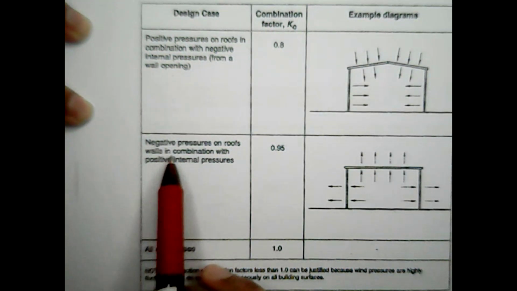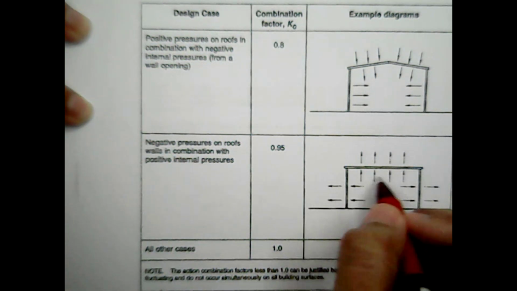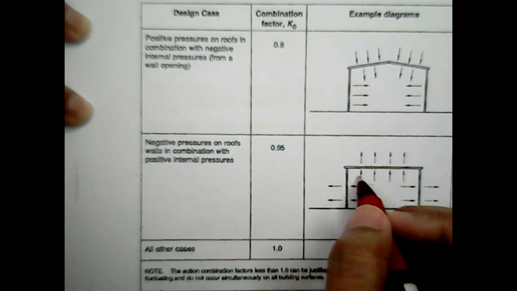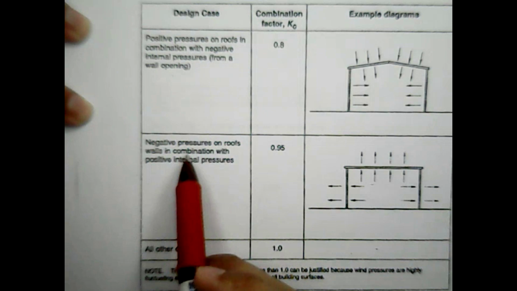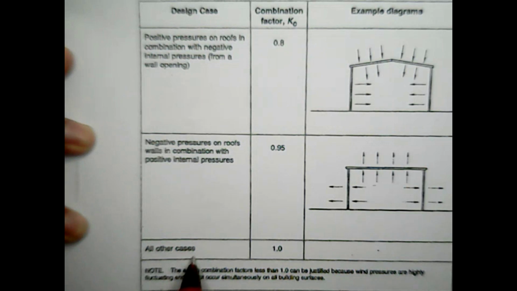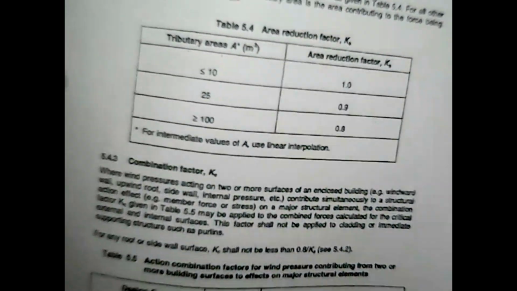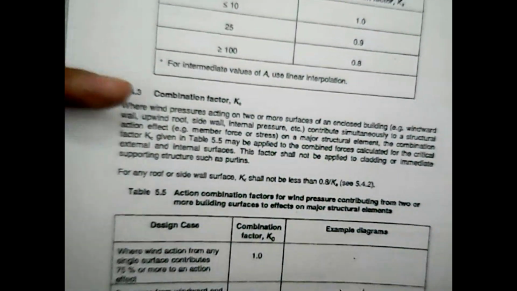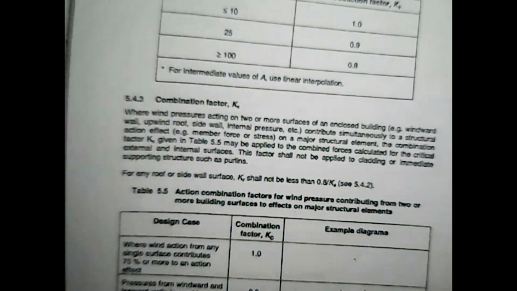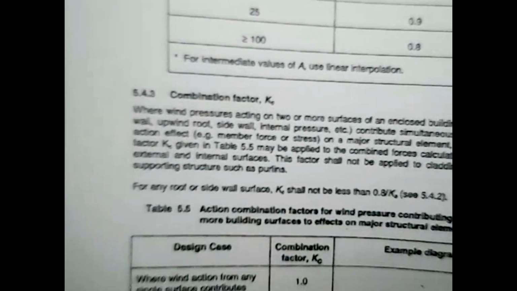Negative pressure on roof walls in combination with positive internal pressure, meaning that you consider the windward and also different design phases whereby you get internal pressure as well. So in our case, we are choosing all other cases, 1, because for these examples, this is very straightforward, we neglected the effects of roof and also the internal pressure and so on. Because we neglected those effects, therefore we choose our value as 1.